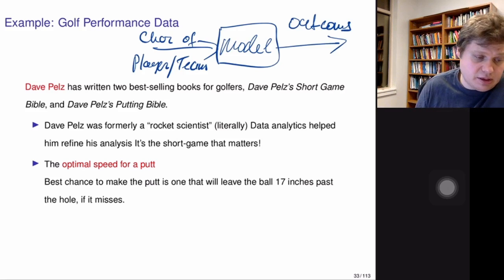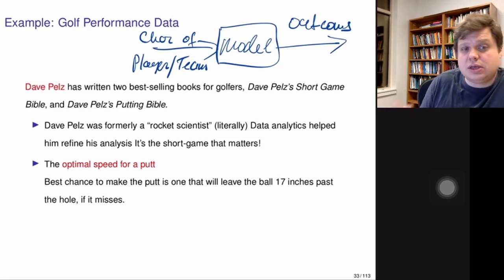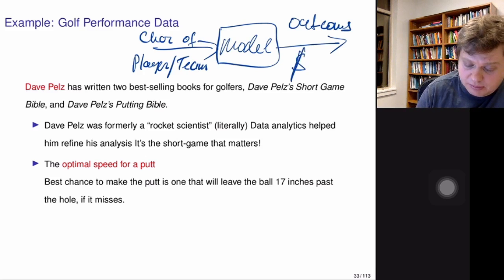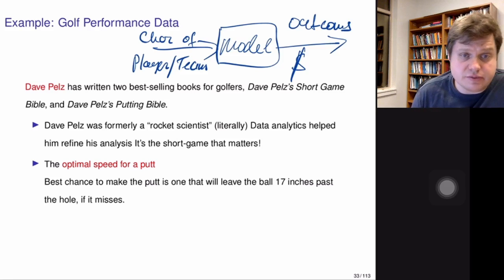Outcomes can be the number or percentages of wins. In this case, for the golf example, we're going to analyze the prize money, how much money was made by each of the players and how it relates to the actual skills of the players.